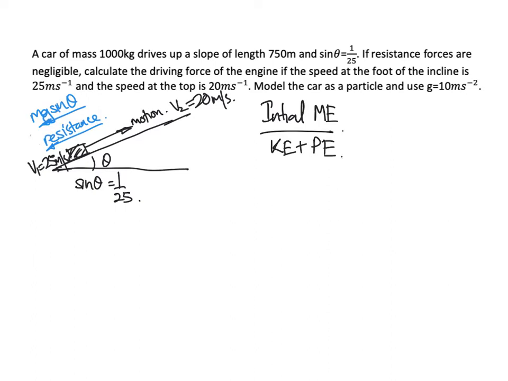Since there's no height, PE is 0. KE is half times m, the mass is 1000, times velocity 25 squared.